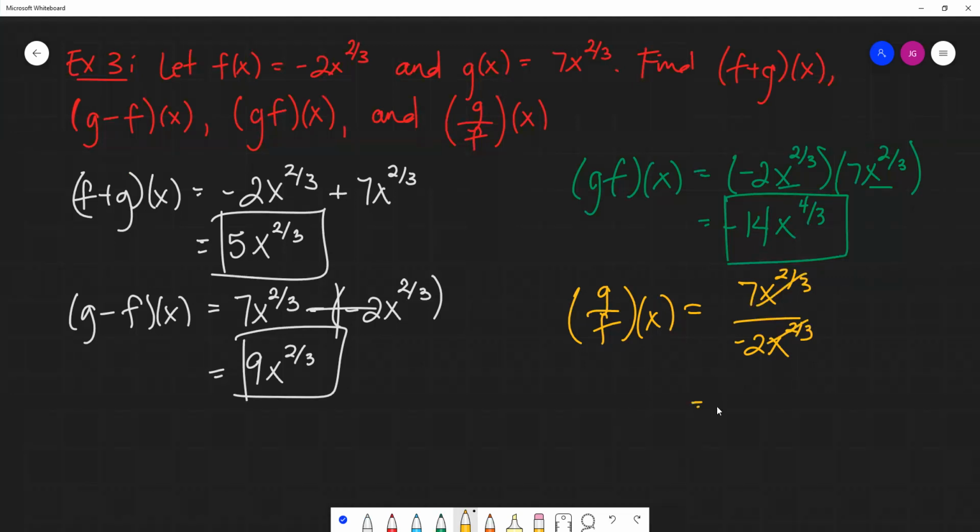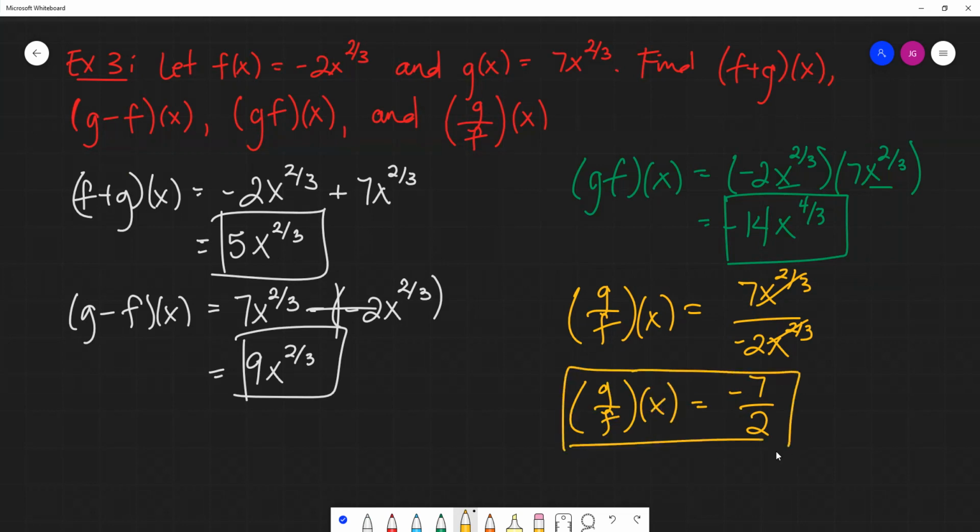So I just get negative 7/2. I get a constant function, okay? Now, just like with the first division function, even though this looks pretty nice, when we graph it, there's going to be some weird things with it, but we're not going to worry about that. We're just going to worry about, can we perform these operations with our functions? Cool. That's all we have for this one, okay?